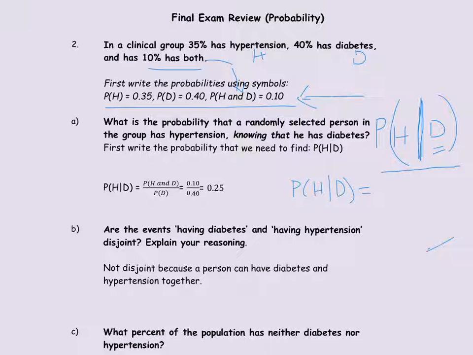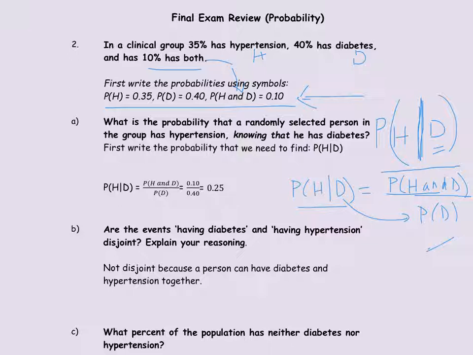So the way the formula works is you have a numerator and a denominator. The numerator has probability of both, which is probability of H and D, divided by the probability of the second event or the given event. So just follow the same pattern for any sort of conditional probability for which you have to use the formula.